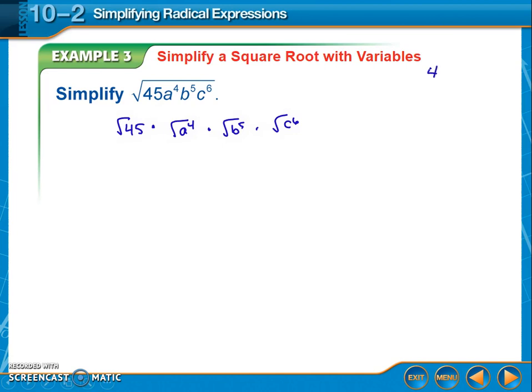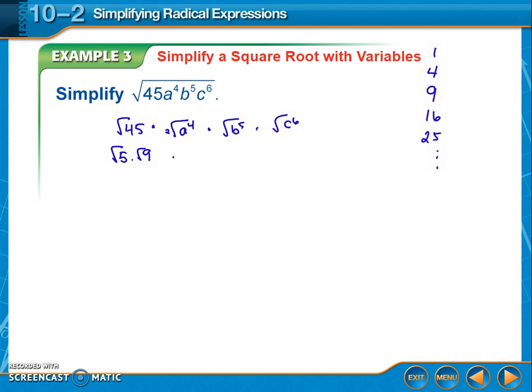So remember, those are 1, 4, 9, 16, 25, etc. So 9 goes evenly into 45, and that's the same thing as 5 times the square root of 9. A squared, well, a to the 4th, I'm thinking, if I think about this as 2, what I can do is I can take this inside number and divide by this number.